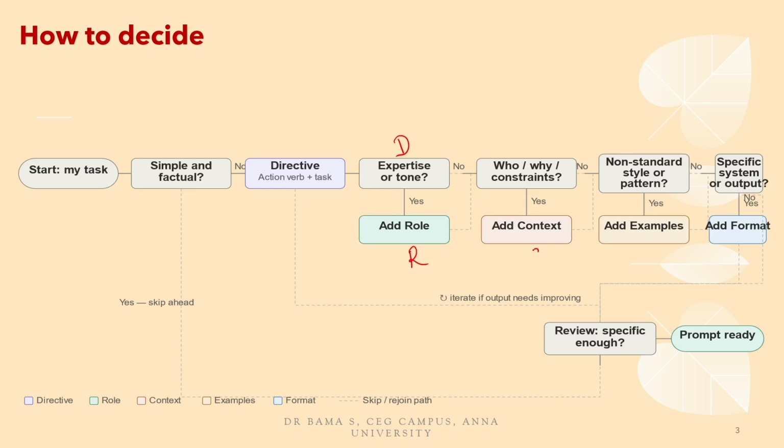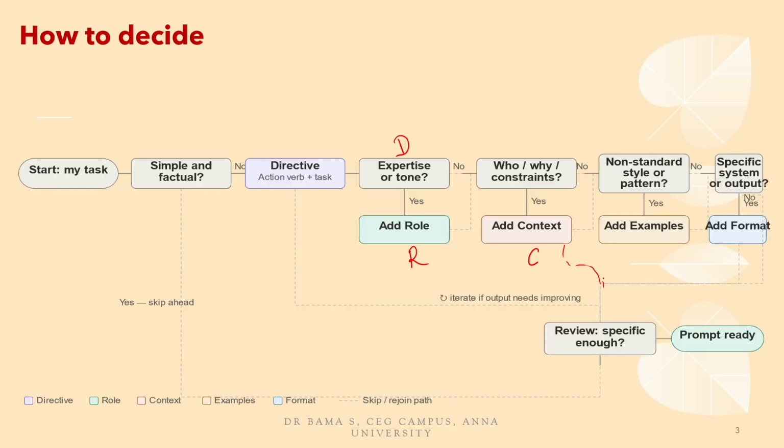The third component is context, where we have the background information, the relevance of data along with the constraints and limitations. If that is sufficient, it can go straight ahead, or if it is not required, then we have an additional component called formatting, if required. Say the list or the summarization should be described in bullet points.